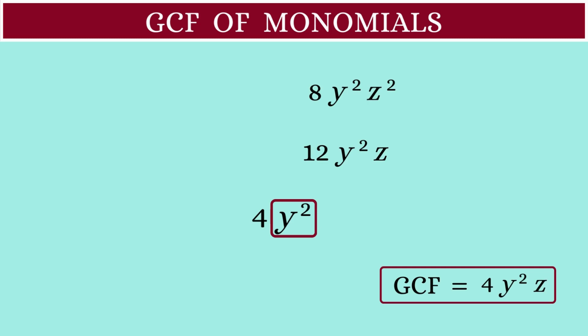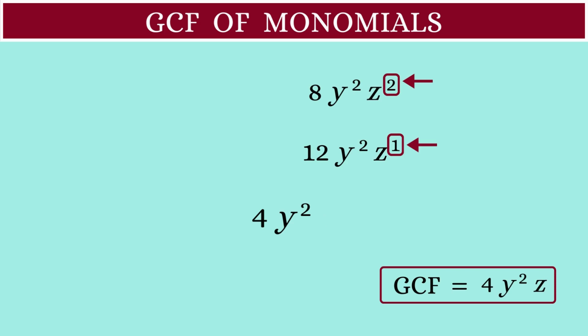We also have z square and z. In the second term, it means z to the power of 1. Here, if we have two different powers, we have to consider only the smaller exponent.